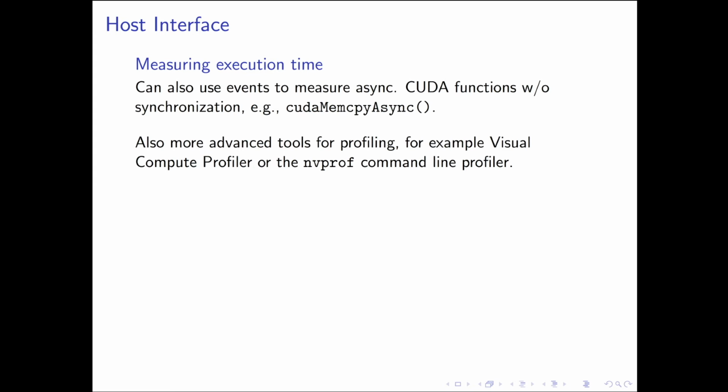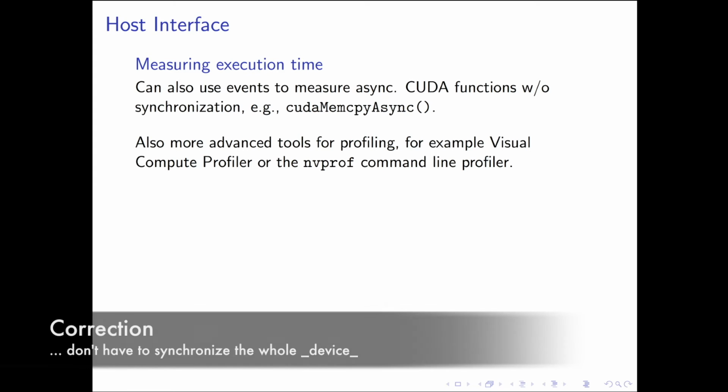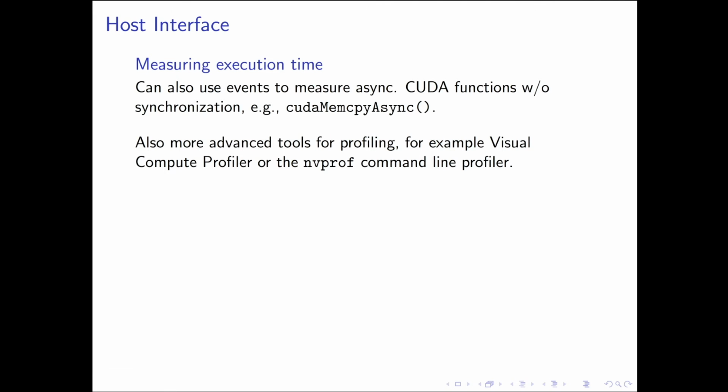And there are also better profilers, even like the Nsight profiler. So there's a bunch of profiling tools. But the event-based API is actually a pretty lightweight method of measuring CUDA execution times, and it's good to be aware of this method. We generally don't have to rely on synchronizing the whole device if we, in a lightweight fashion, want to get an idea how long kernel execution takes for a certain kernel.